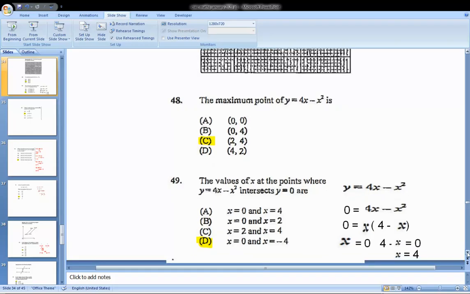So we solve to find x. So x is equal to 0. We have negative x would be equal to 0 minus 4, and therefore two negatives cancel out. So we're left with x equal 4. So x is equal to 0 and x is equal to 4.